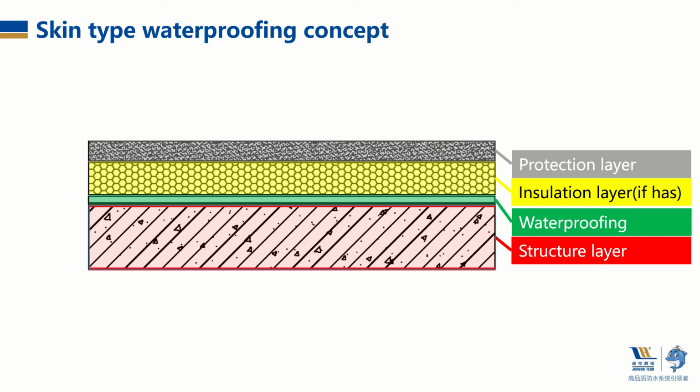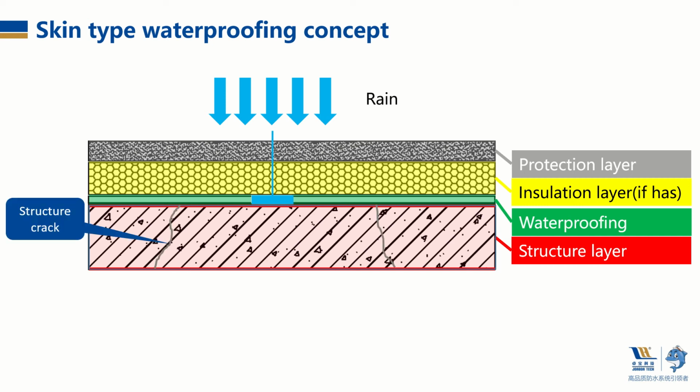There are damaged points in the waterproofing. When it rains, the water goes in. But as there is no other layer between the waterproofing and the substrate, the water will be limited to the damaged points. We suppose there are structure cracks.